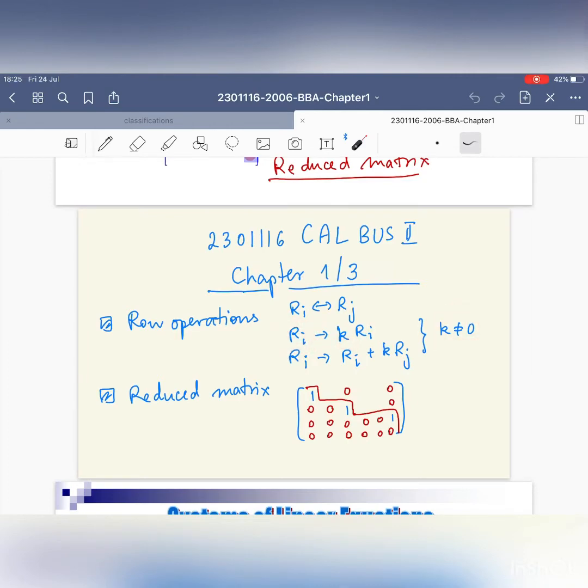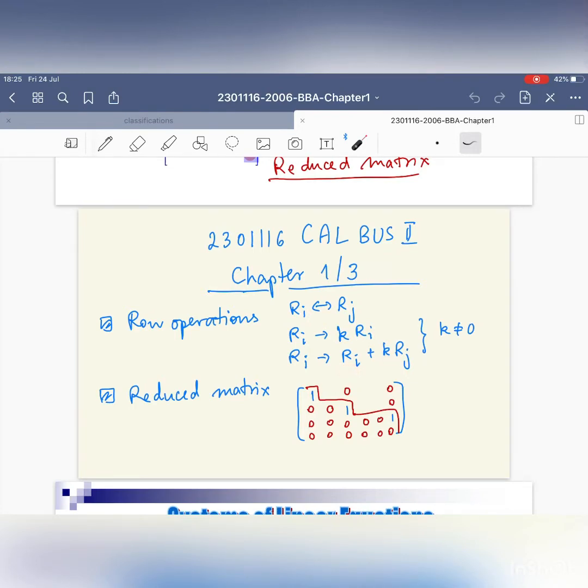The last one that you use a lot, this actually is the one that you use to eliminate. So you are going to change your ri by keeping your ri here, and then you add k times rj.